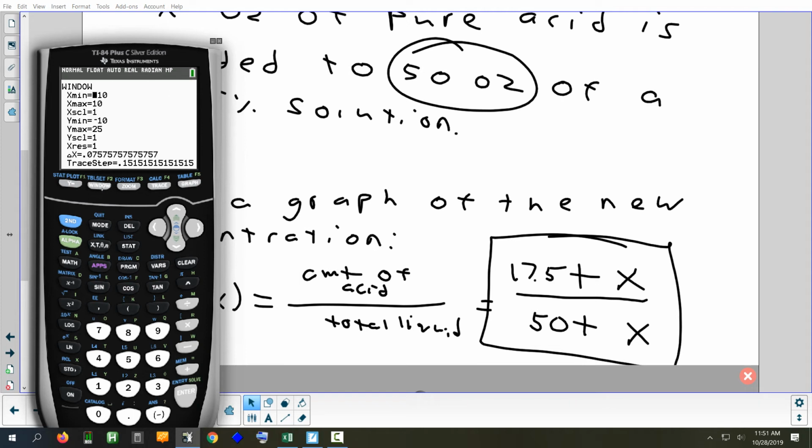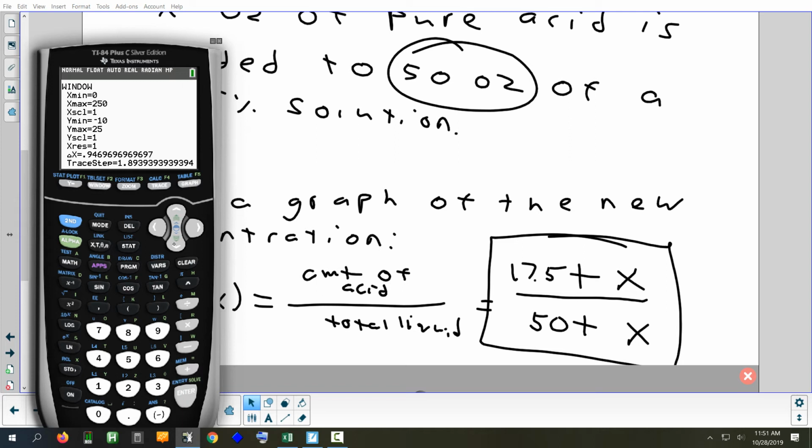Now, let's think about our values. X is the amount of acid you're adding. What's the smallest amount of acid that I could add? 0. I could just say, you know what, I'm going to leave it the way it is. The maximum, there is no maximum. Let's just go up to 250 ounces.